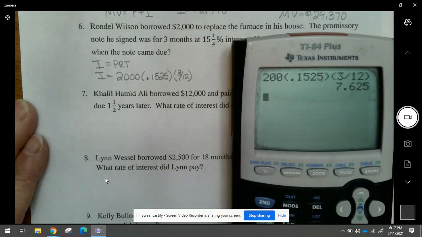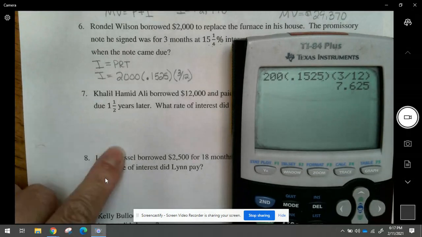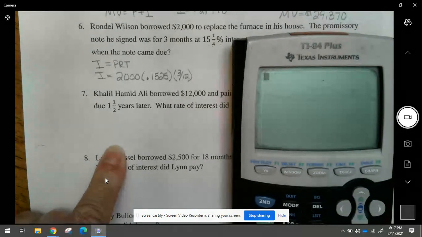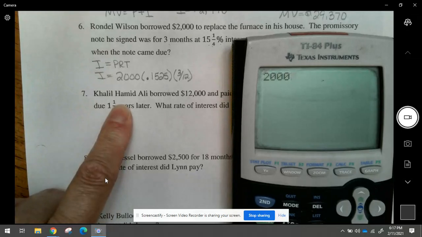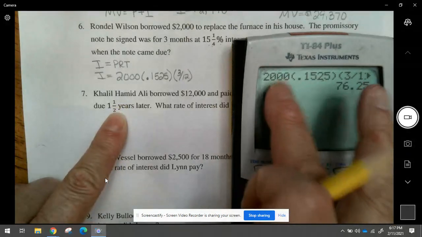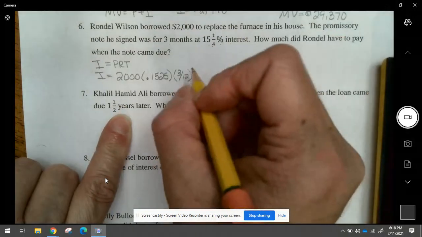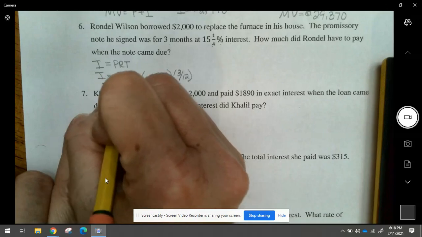So he's paying $7.63. Let me just calculate that one more time in case I missed something. I think I missed a zero here. It didn't seem right to me. $76.25 is my interest.